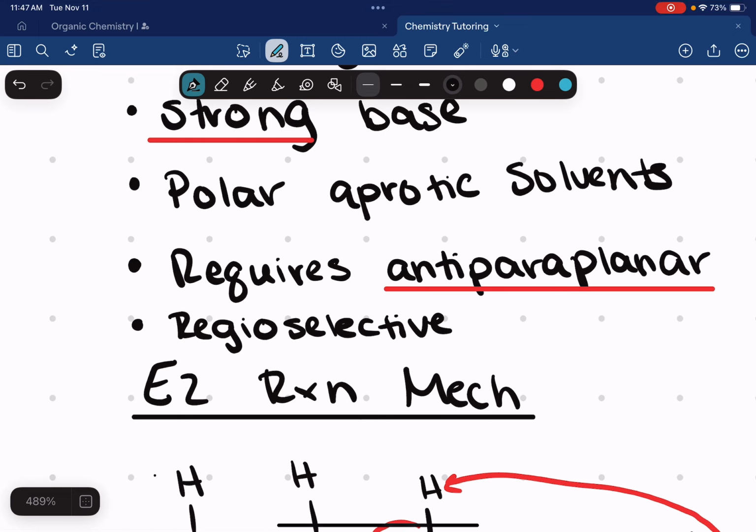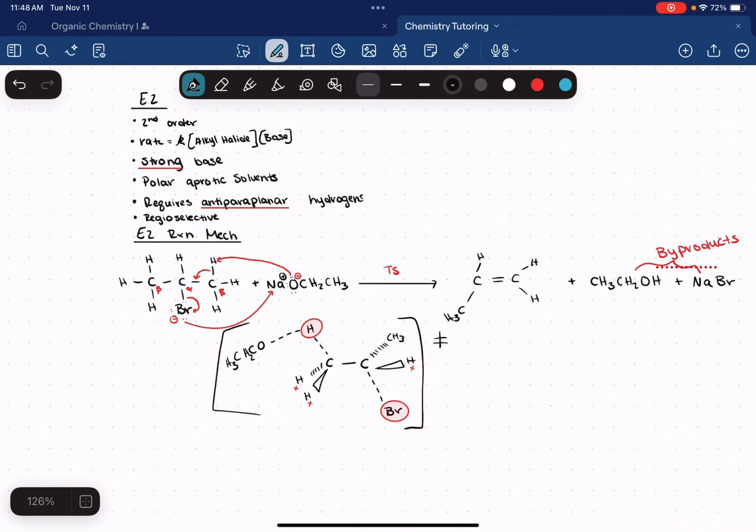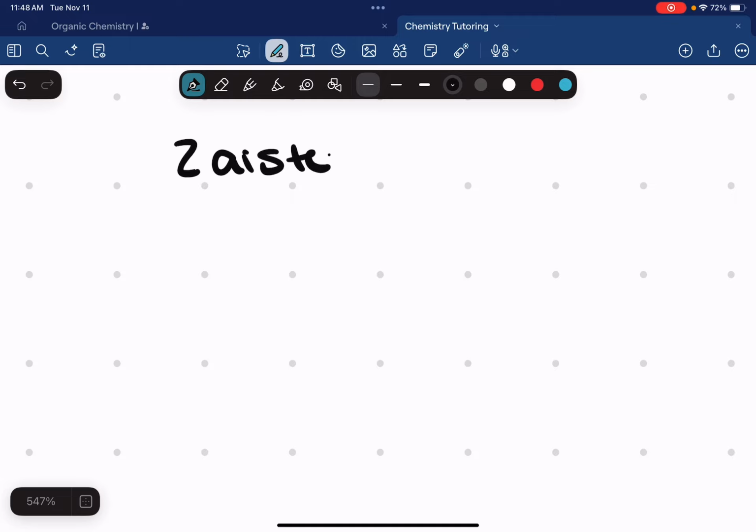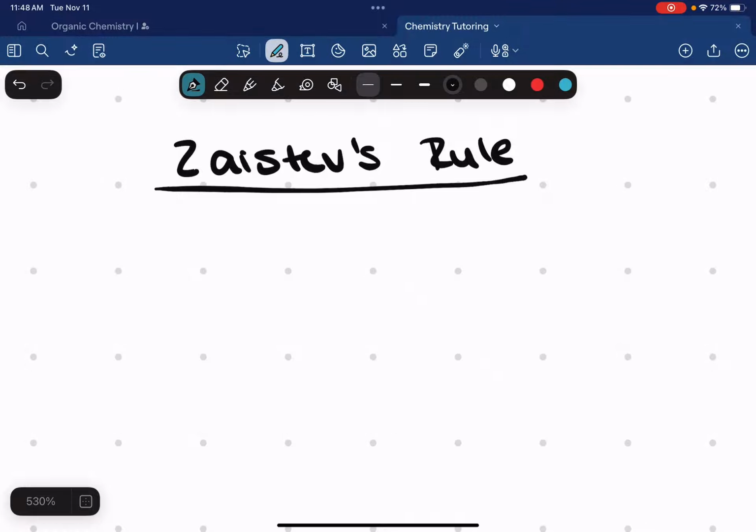And it follows Zaitsev's rule, meaning the major product will be the more substituted, more stable alkene. We'll write that. I'm sure you guys have talked about it, but we'll just write it. These are going to be like definition questions, so it's important to know because he does ask things like this.